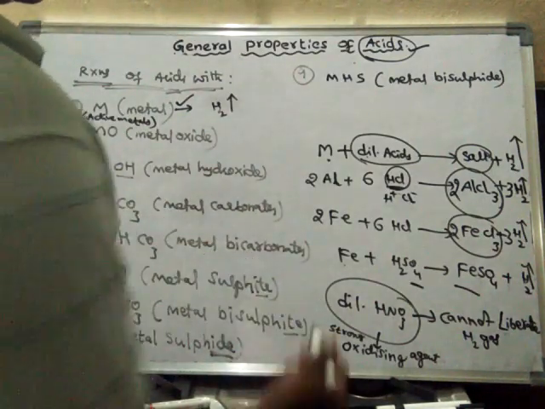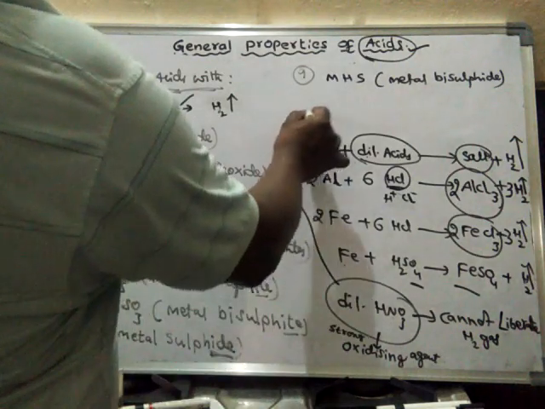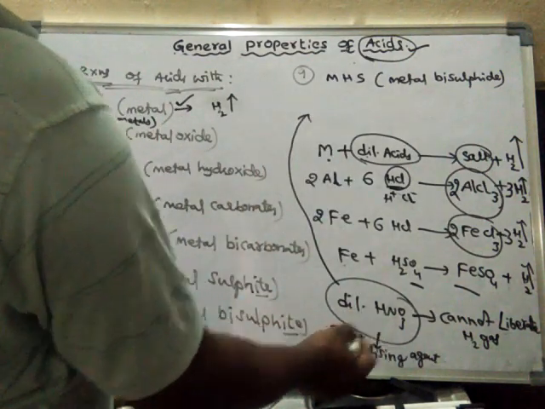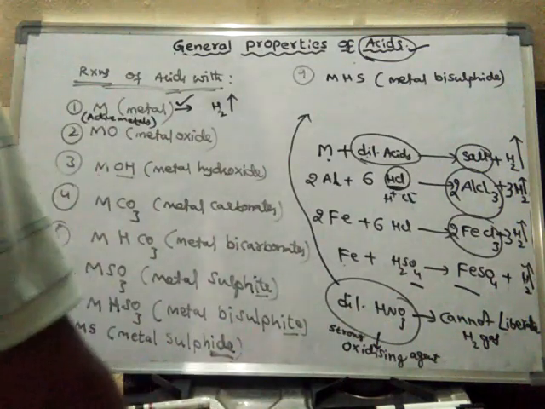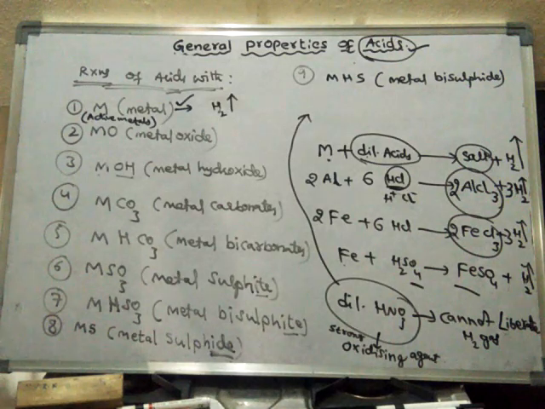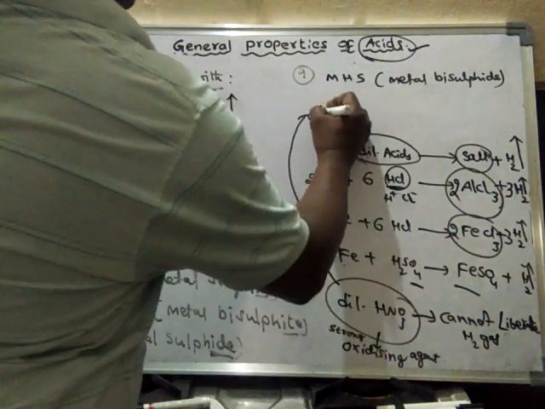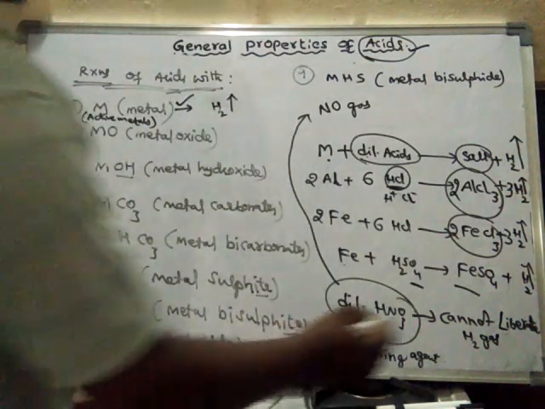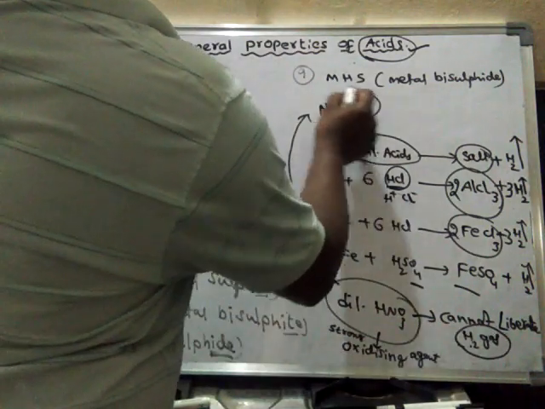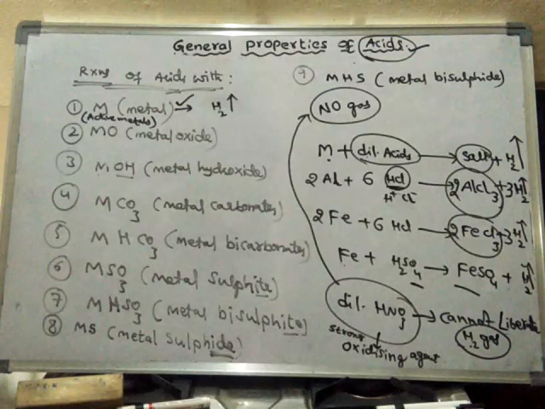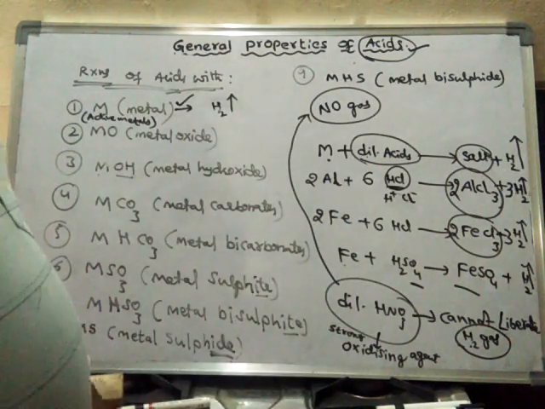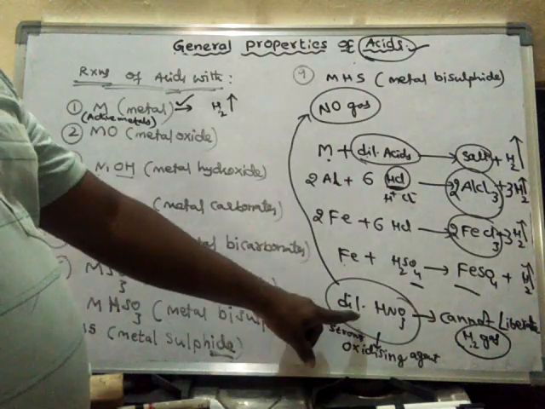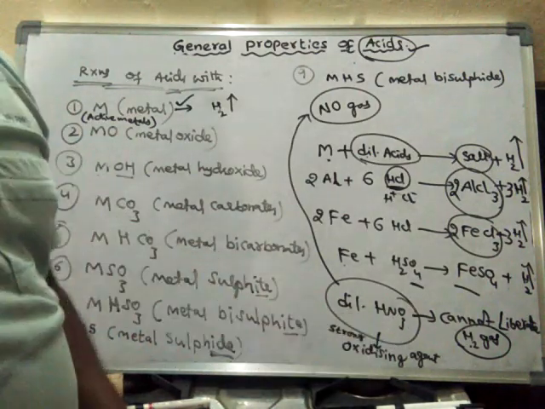So what does it liberate? Instead of hydrogen gas, dilute nitric acid, when reacted with metals, forms nitric oxide gas. Why is it so? Because dilute nitric acid is a strong oxidizing agent.